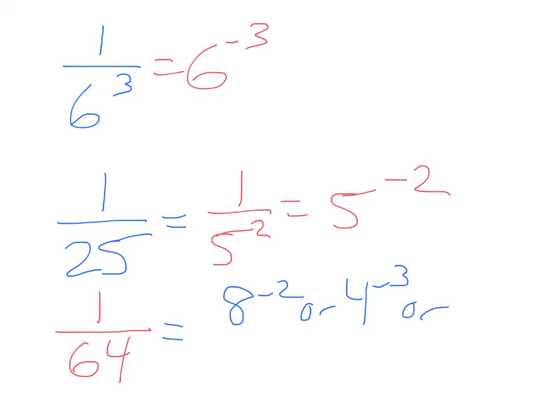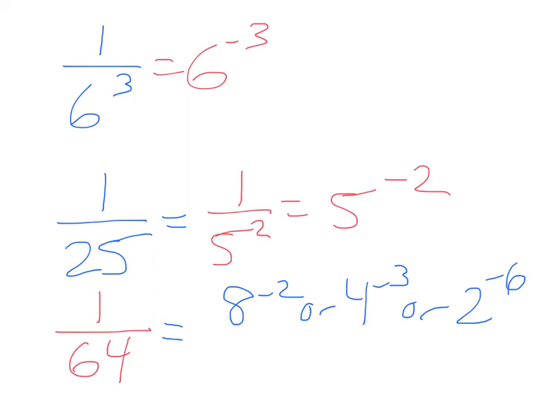Or, there's one more possibility. 2 to the negative 6 power. So there are a variety of different answers I could have done depending on how I factored the different things. But in all honesty, they're actually all the same. But I'll explain that another time.